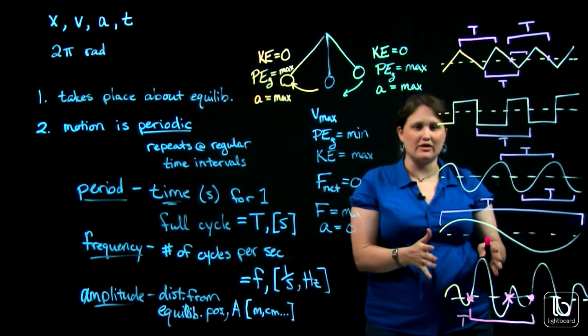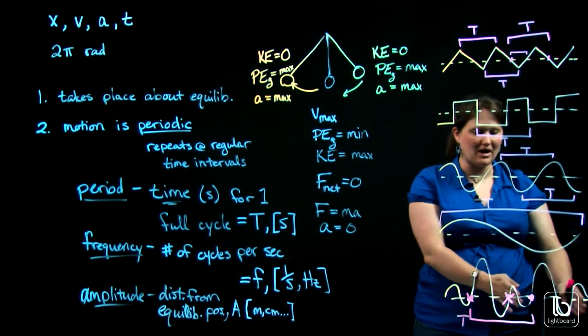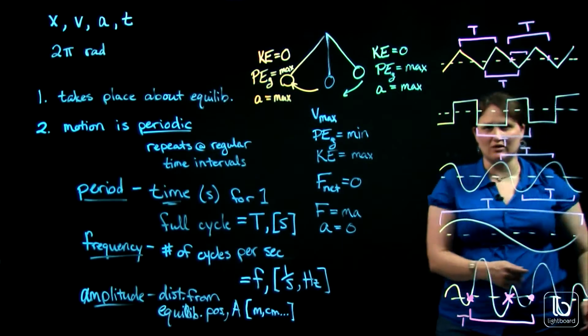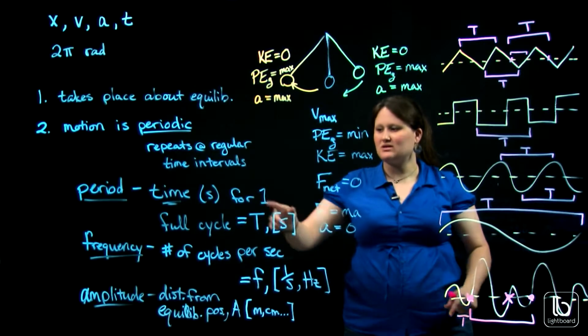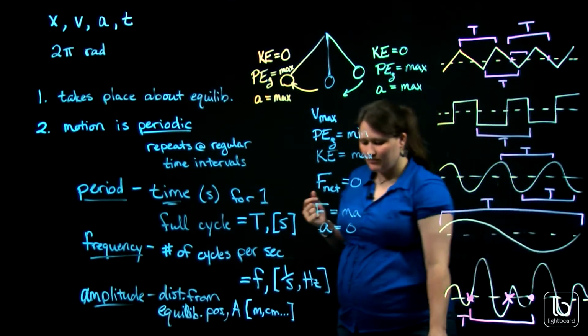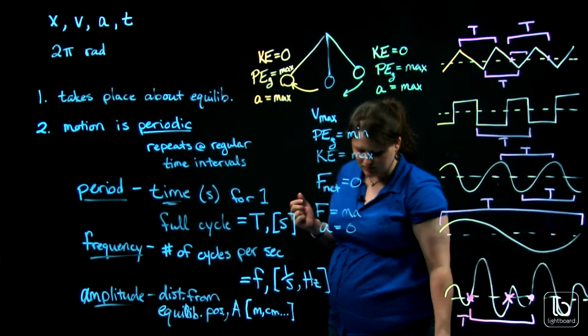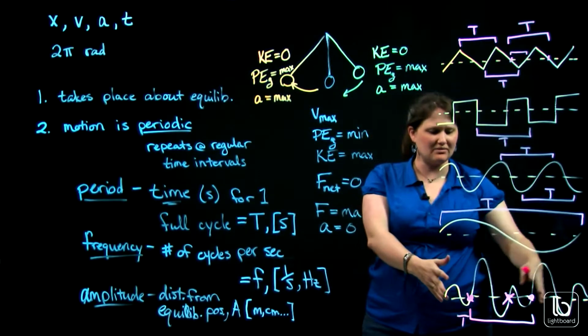Just so we're clear, what I need to be able to do is basically cut and paste this wave over and over again in order for it to truly be one period. So period is the time it takes for one cycle. And everything I've drawn here is symmetrical except this one.